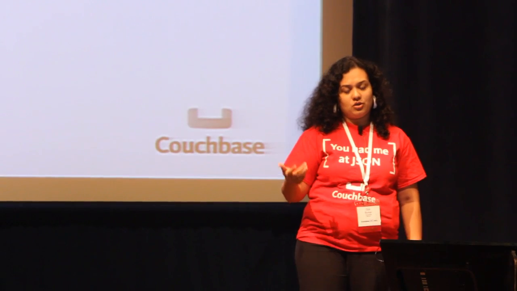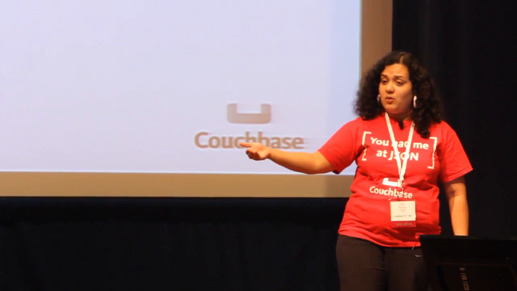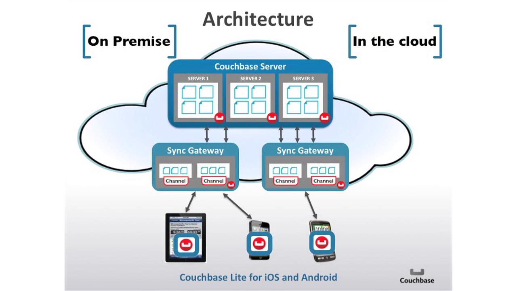So as the number of clients and devices connected to your backend grow, you can scale this out by adding Sync Gateways. Of course, you can scale the backend cluster by adding nodes to the cluster. And then finally, Couchbase Lite, which is on the device. We have native iOS, which is written in Objective-C, and native Java for Android.